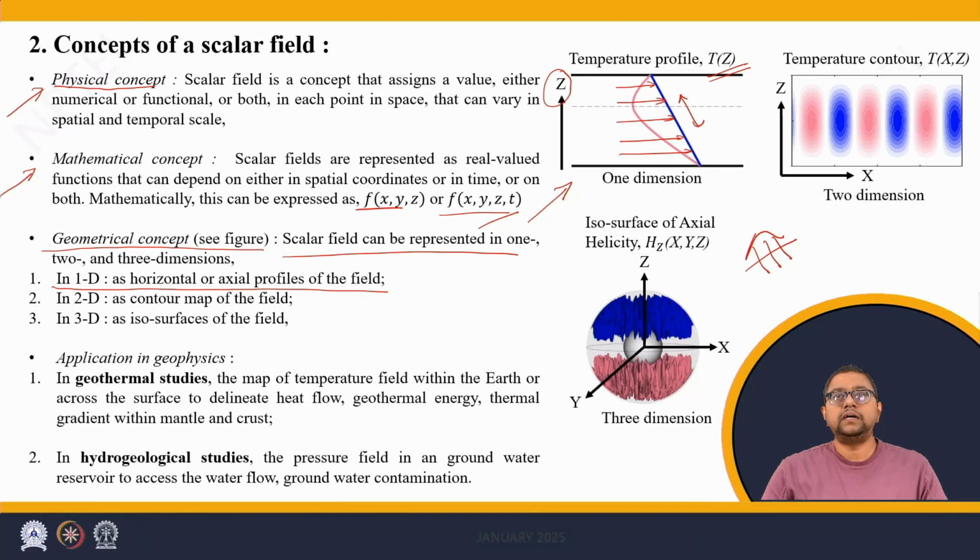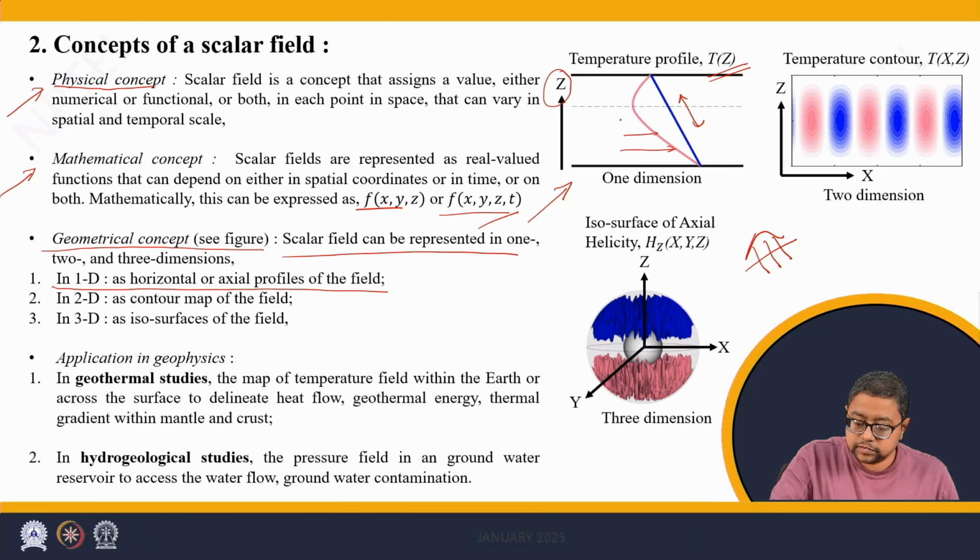The blue line shows a linear temperature profile, while the red line shows a nonlinear temperature profile. Both are one-dimensional scalar fields.